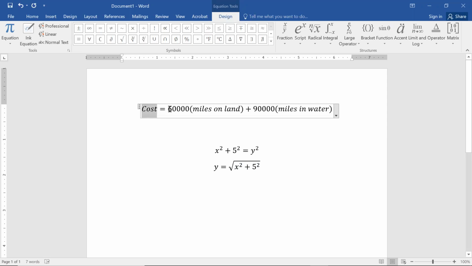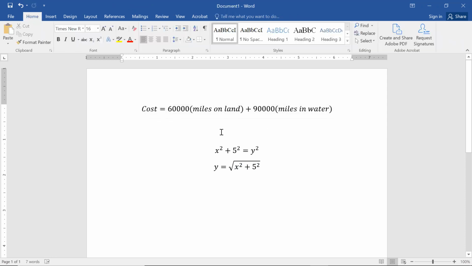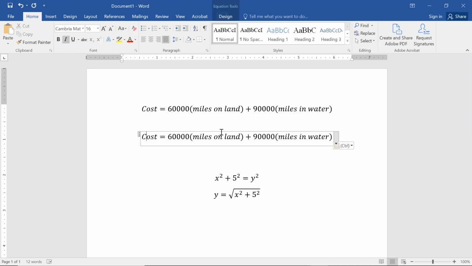So I take this cost equation and I simplify it. I'll write C for cost: 60,000 times the miles on land.